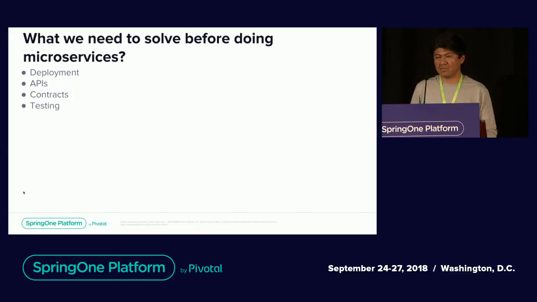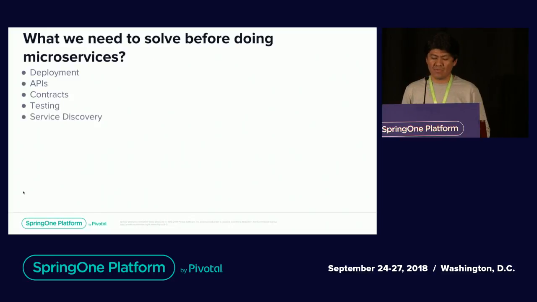Testing, so testing should be easy in microservices, right? Because since the microservice is in charge of one thing, the testing should be easy. But it's not, and we are going to figure it out later how to address this with the Spring Cloud Contract project.